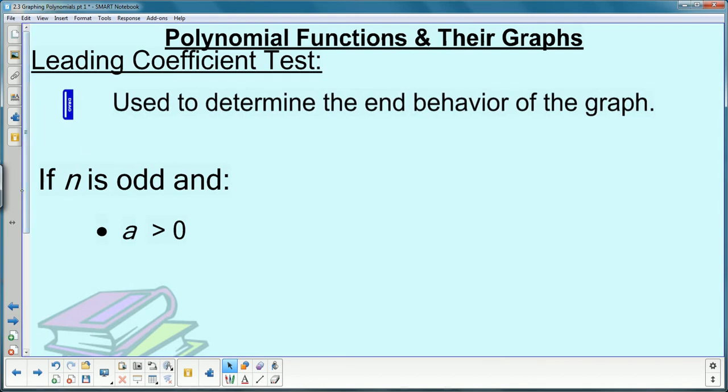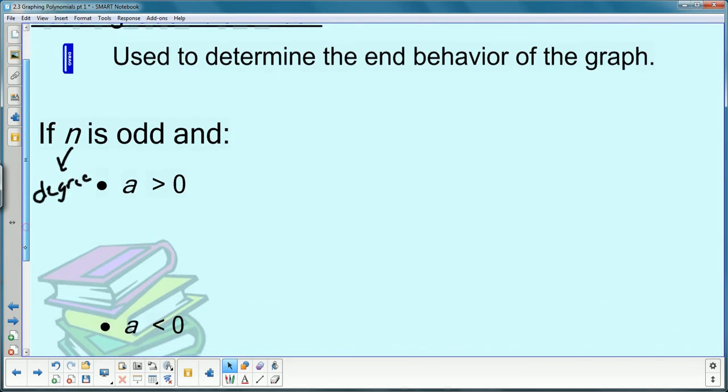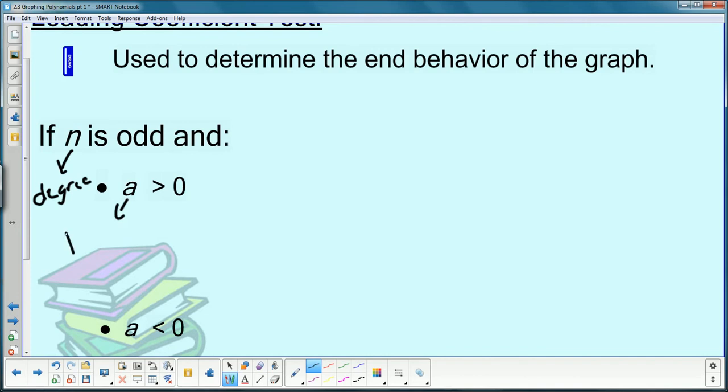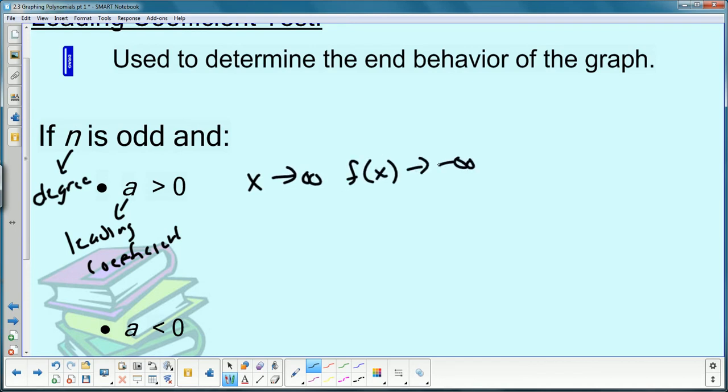That means if n is odd, and when we say n, we are talking about the degree of the function, and a, which is our leading coefficient, is positive, then as x approaches infinity, f of x also approaches infinity. I should say, not negative infinity. So that would be far right, meaning we're going up.